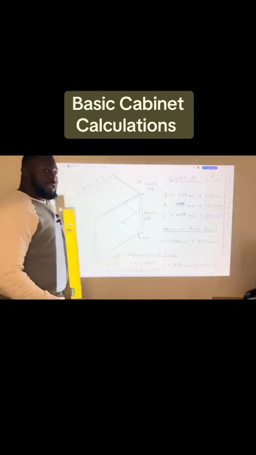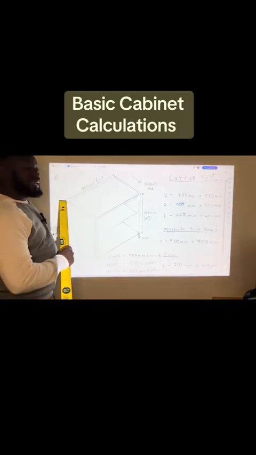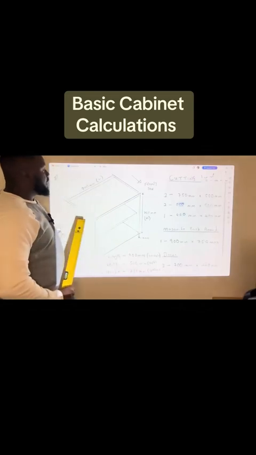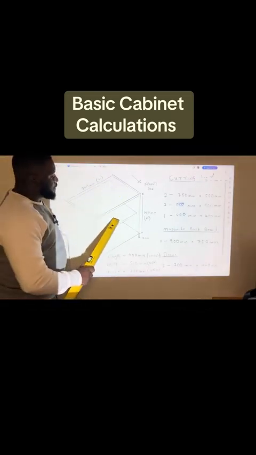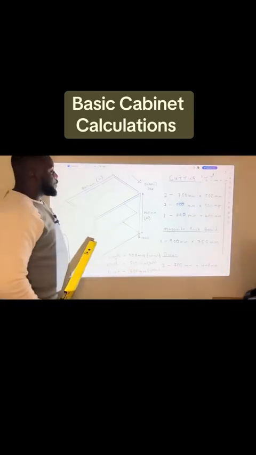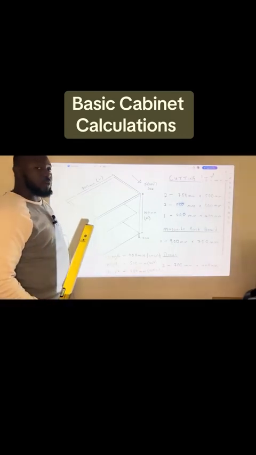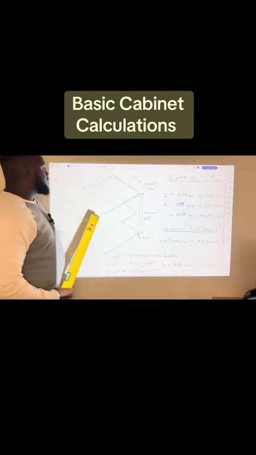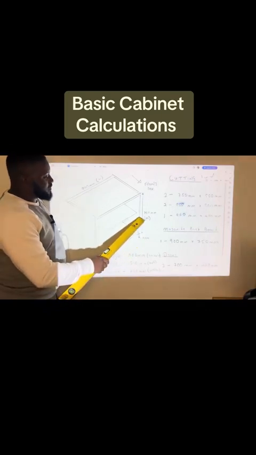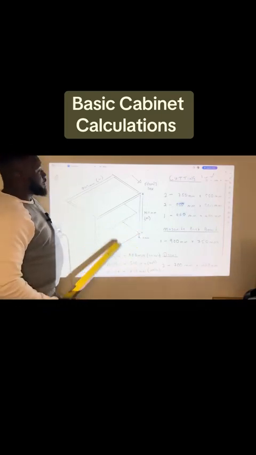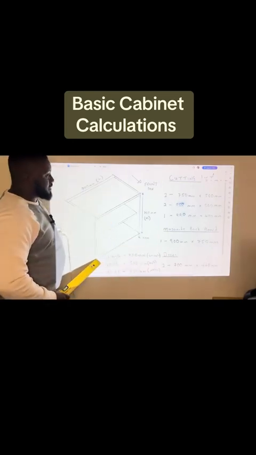So when I am calculating my box, given this measurement, I want to see how long the shelf, top panel and bottom panel are going to be. I say 900 subtract 16, because this is a panel and this is a panel. So we are saying 900 subtract 16 subtract 16.